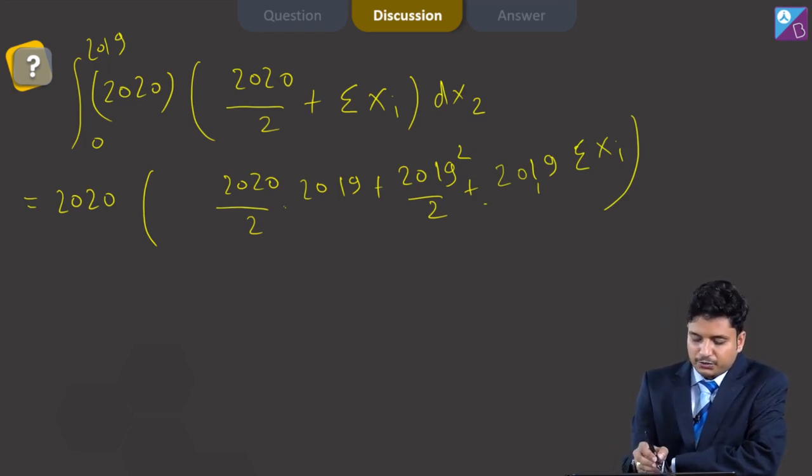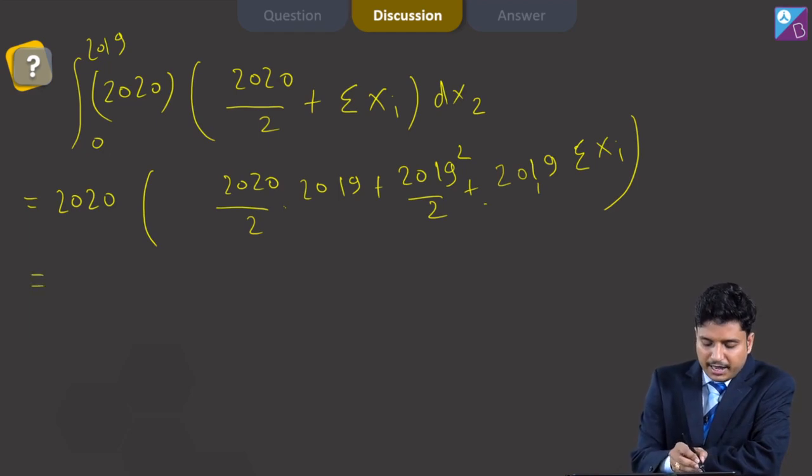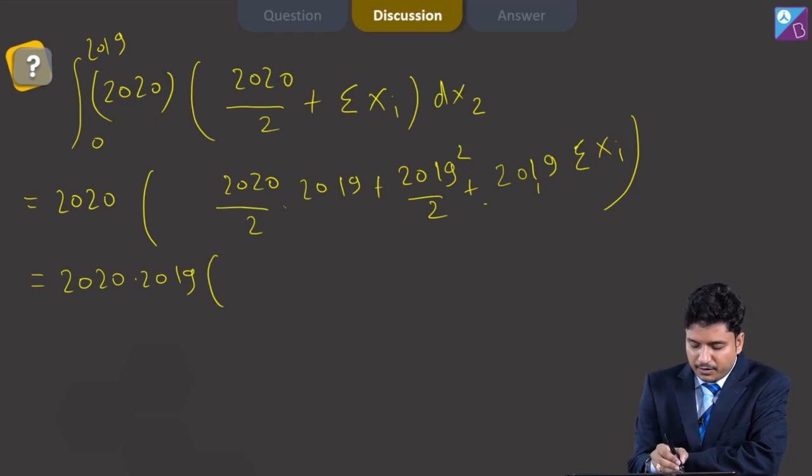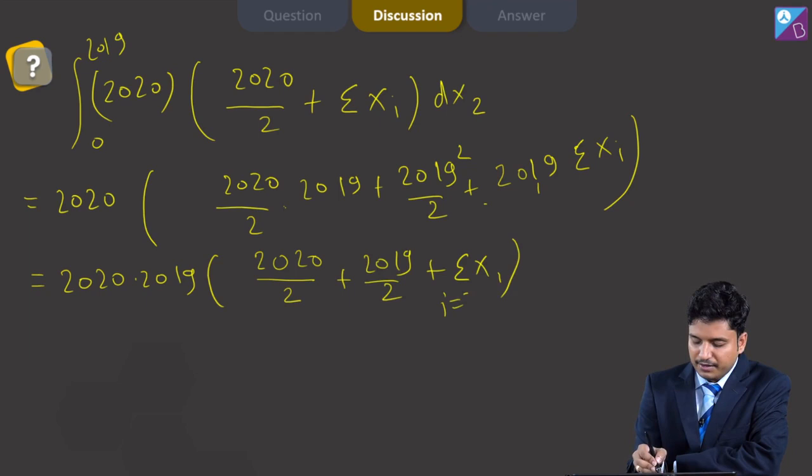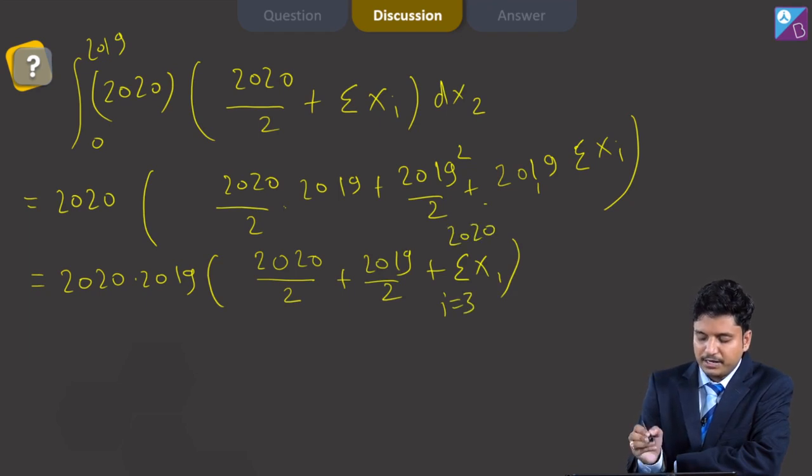Here we can take 2019 as a constant, and I am getting 2020 into 2019 divided by, here it will be equal to, 2020 by 2 plus 2019 by 2, and the summation over xi will be there. Now this i is varying from 3 to 2020.